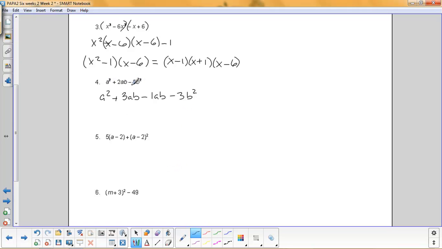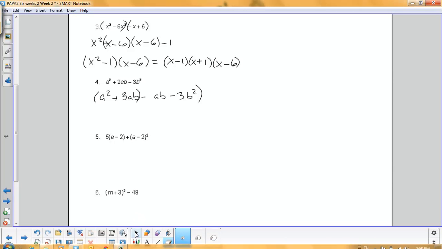First term times your last term gives you that. Okay? Now you're going to do 4 term grouping. Oops. That parentheses should include that negative symbol. Makes it easier for you.